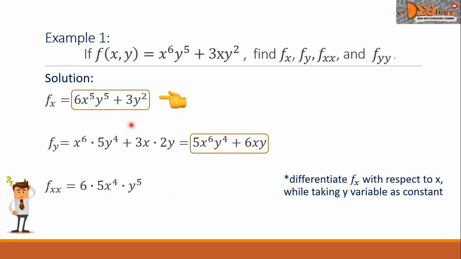This is the derivative of the first term, plus derivative of 3y squared is 0 because the y here is a constant. Simplifying now, we have 30x raised to 4 y raised to 5. This is the final answer.